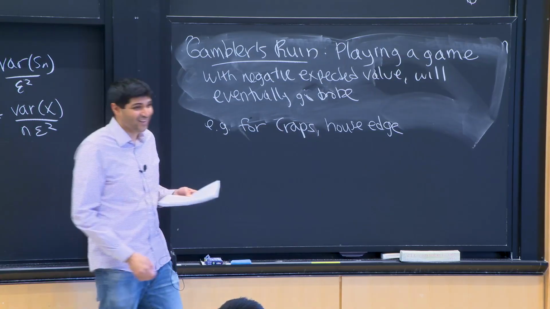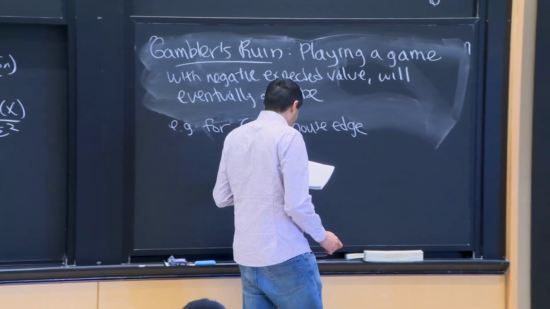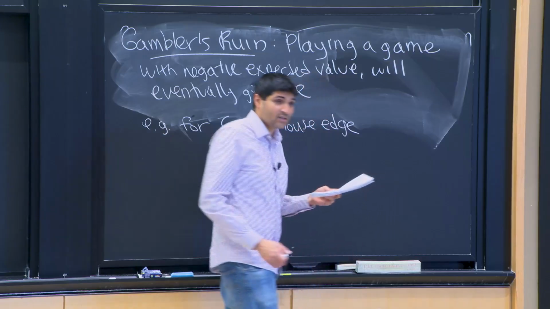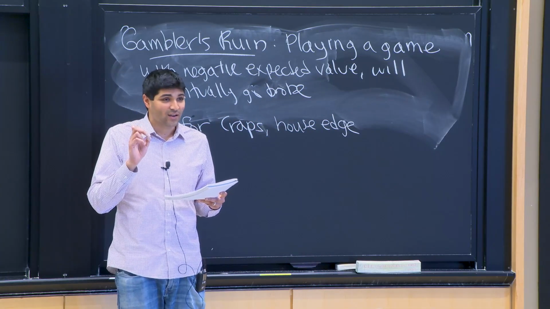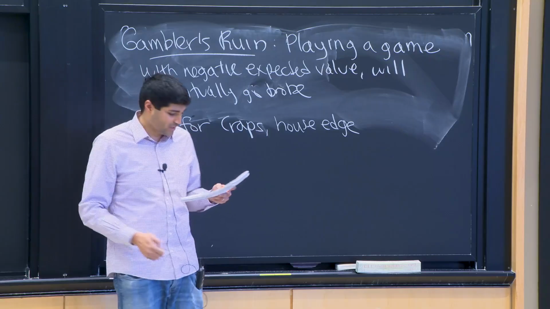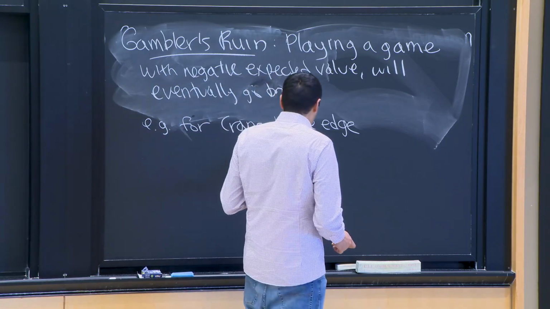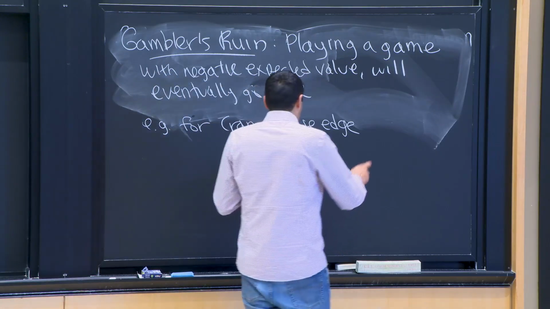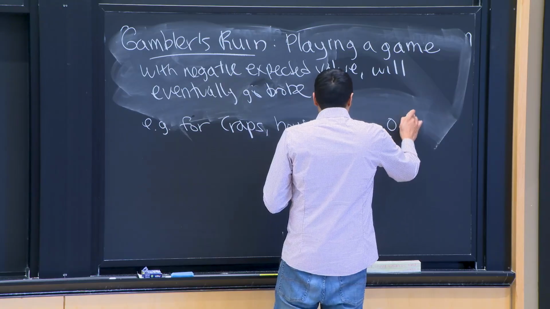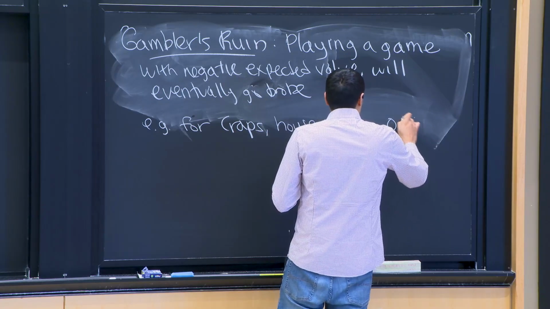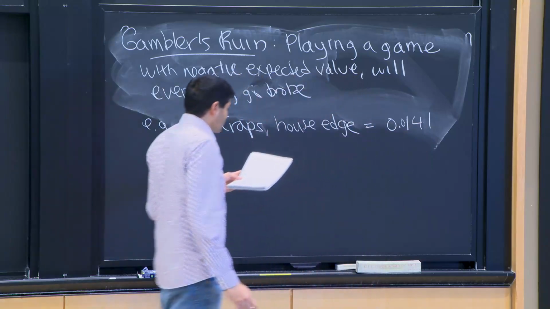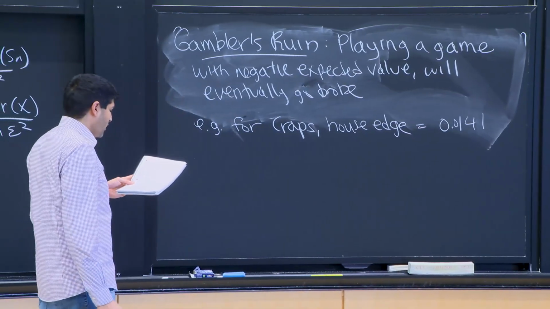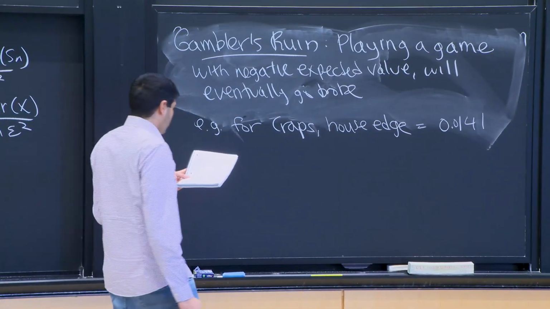That's good. Craps is one where you roll dice, and then depending on whether it lands on like black or red, you make different kinds of wagers. And there's basically a bet you can make that's very close to 50-50. You have to get to that point in the game first. But the house edge, if you play that strategy in craps, is just 0.0141.